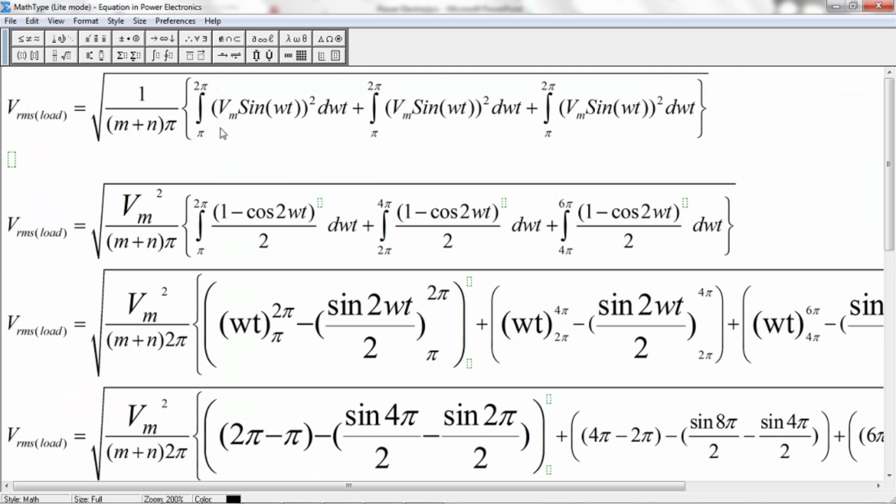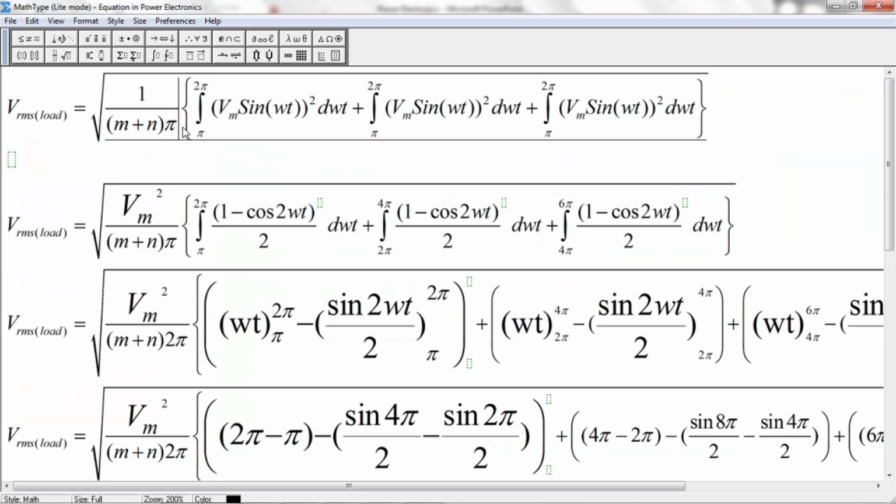See here what I am saying, here to here Vm. Here to here is pi to 2 pi, so what should I correct, tell me. What is the mistake here?